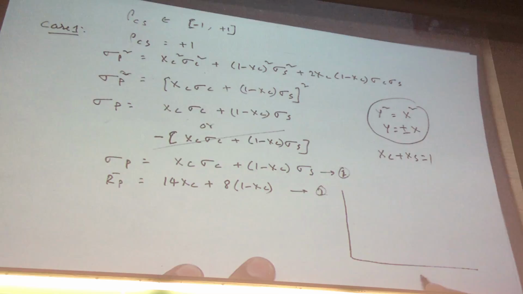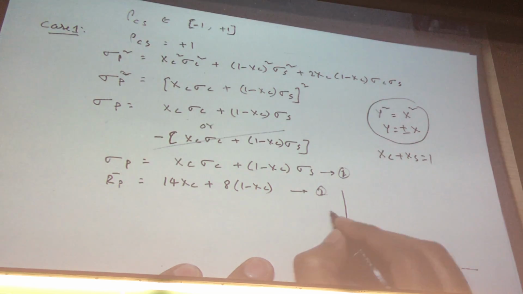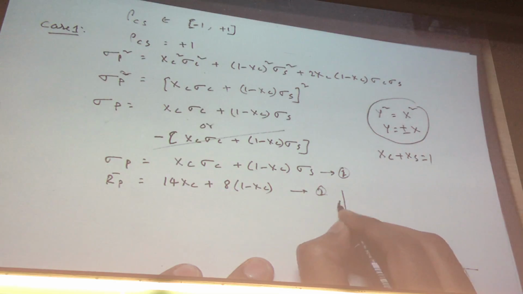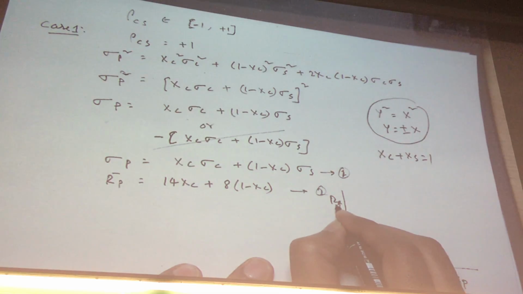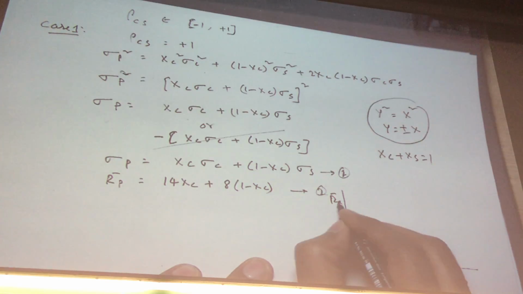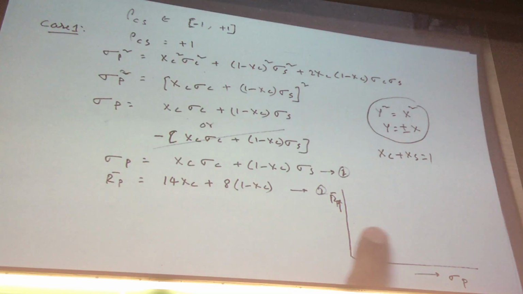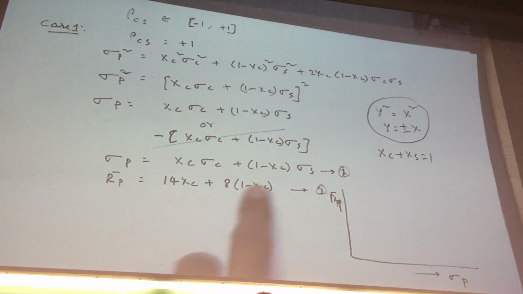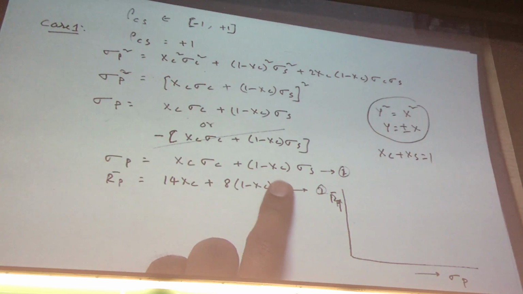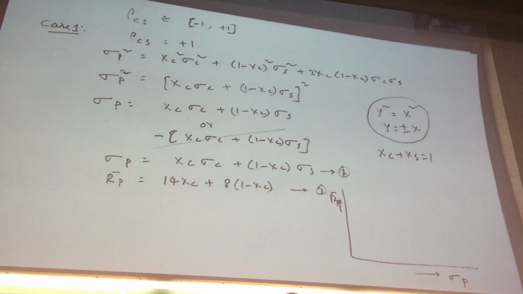So that means I would like to plot a graph for the R bar, Rp bar. By looking at these two equations, I would like to plot the graph so that I can see all the points. How can I get the point? By substituting the appropriate value for xc. If I substitute xc equals to some value, then obviously I get the corresponding sigma p.